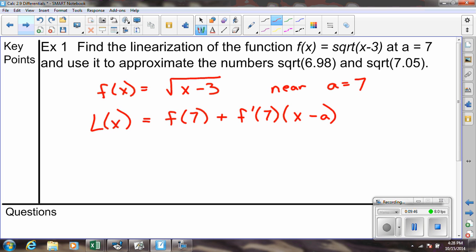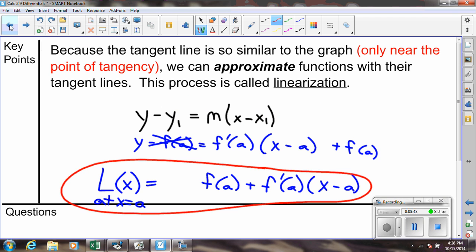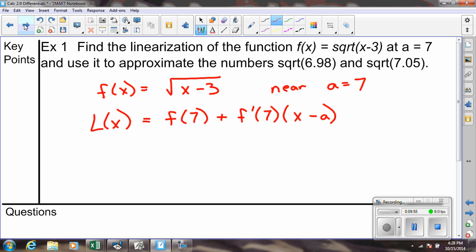I created this directly by using the formula we just wrote down. Well, you'll note the only things we need to do then are figure out what is f of 7? What is f prime of 7?